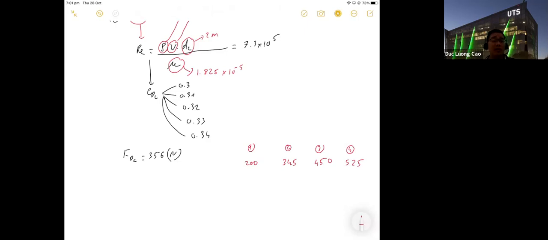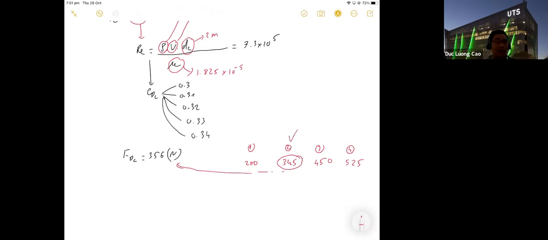Not exactly the same as the result, but the difference is smaller than 10%. You choose the closest answer. In this case, 345 is closest to the answer 356, so you choose the second one.